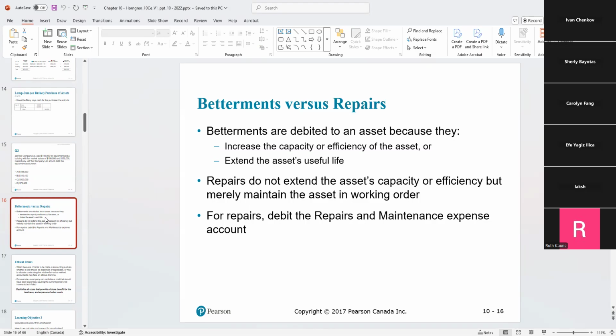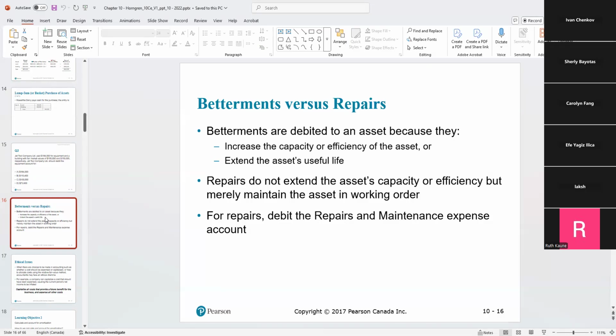What is the betterment then? Well, the betterment is something that adds value to the asset, to improve the asset's use, either to increase the asset's useful life, or to make the asset more efficient. How can we treat betterments versus repairs?